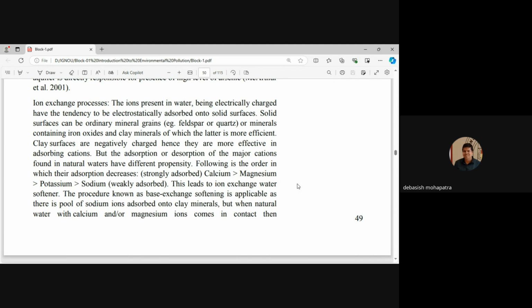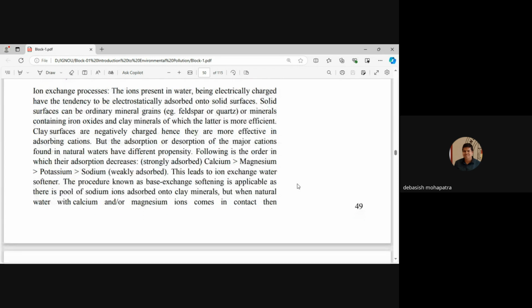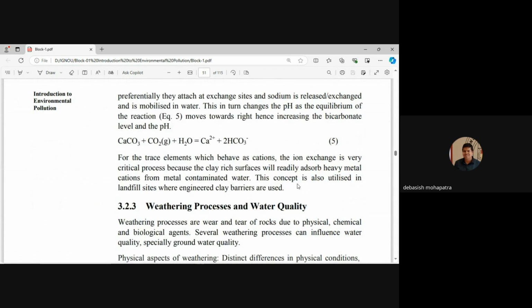The following is the order in which they adsorb, decreasing: strongly adsorb, calcium and magnesium, potassium, sodium, weakly adsorb. So this leads to an ion exchange water softener, and the procedure known as base exchange softening is applicable as there is a pool of sodium ion adsorbed into clay mineral. But when natural water with calcium and or magnesium ion comes in contact, preferentially they attach at the exchange site and sodium is released, exchanged and mobilized in water.